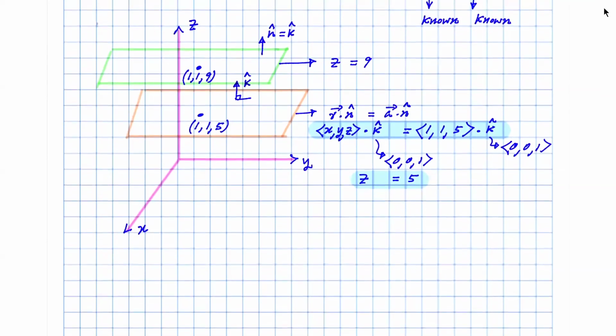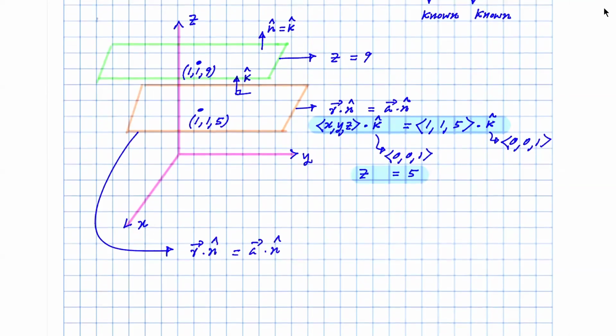First of all, if you take this plane, r dot n is equal to a dot n is my vector equation of the plane, then this a dot n is going to be 5.